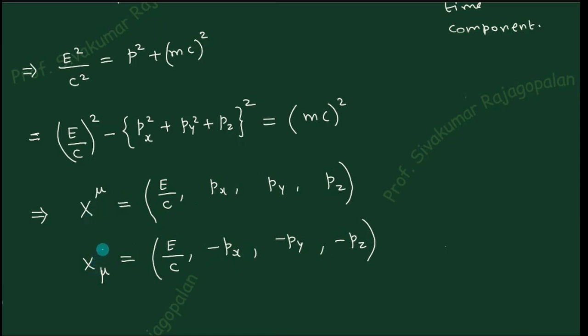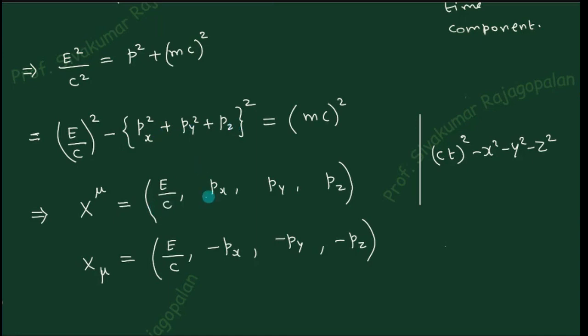So you know on what basis we are making this kind of definition. We have been doing this from the beginning, that we have an equation like Ct whole square minus x square minus y square minus z square. This equation is looking very similar to that one. Instead of Ct, I have E by C. Instead of xyz, I have px, py, pz.